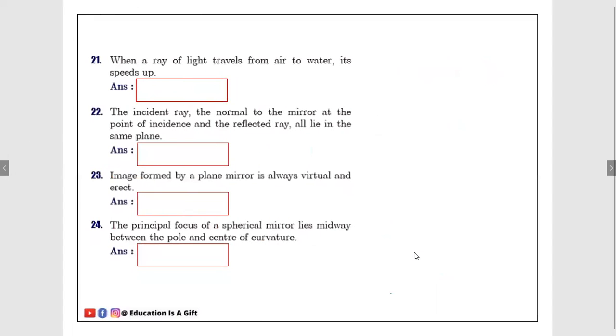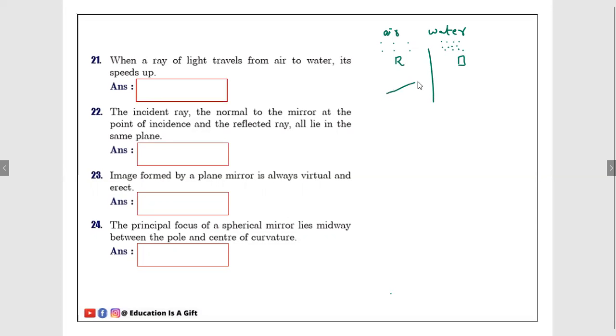Last 4. When a ray of light travels from air to water, it speeds up. Here we have air, here we have water, and you can easily compare which one is the rarer medium and which one is the denser medium. Air particles are very loosely packed, water particles are somewhat tightly packed. So air is the rarer medium, water is the denser medium.